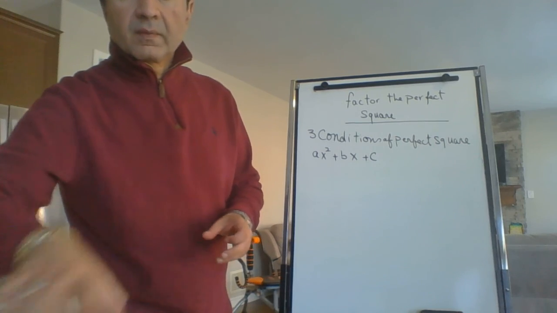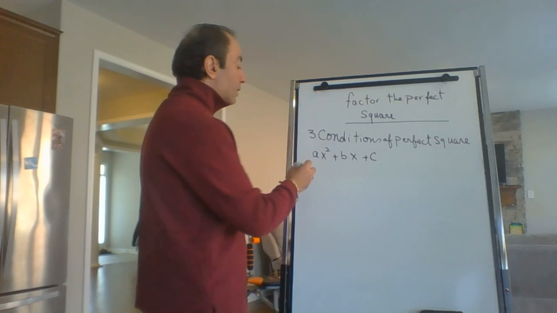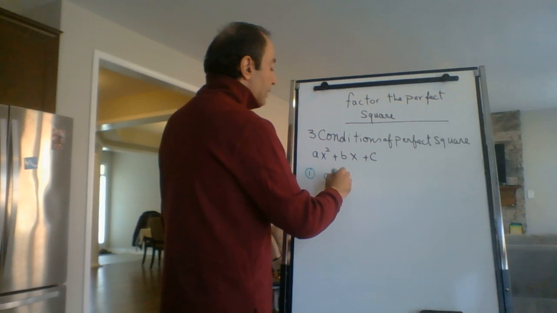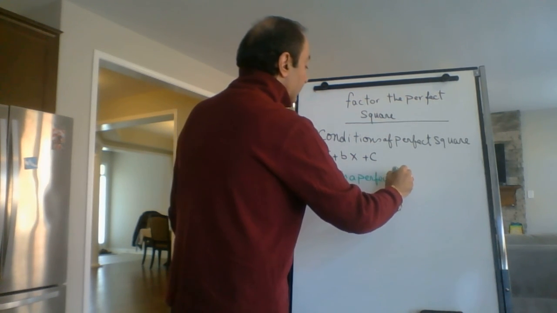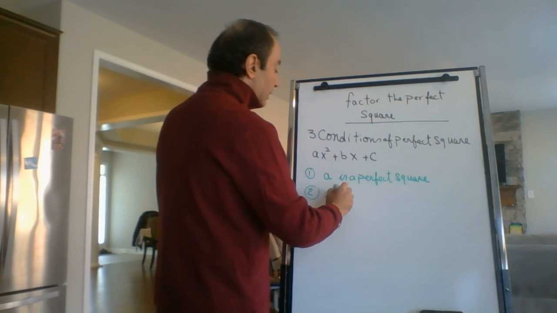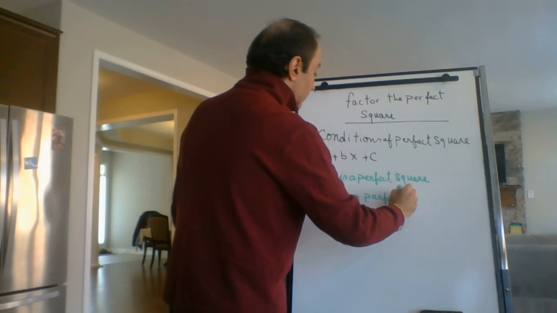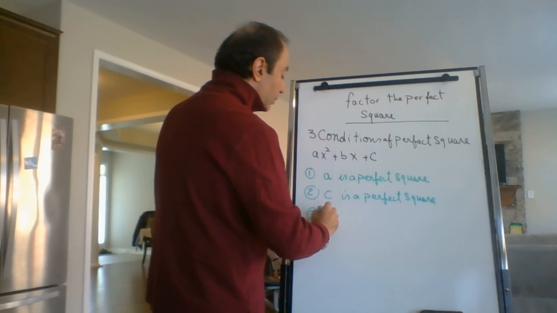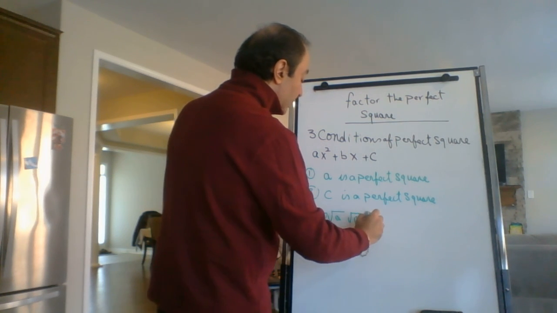The first condition, A must be a perfect square. Second condition, C is a perfect square. Three, the square root of A times the square root of C times 2 has to equal B.